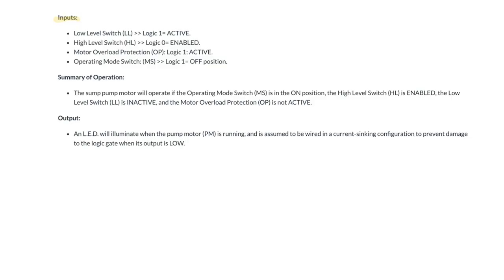And that's a low level switch right there. We are going to assume that the input switch devices are designed so that it gives a logic 1 when the switch is active, which obviously means it's 0 when inactive.